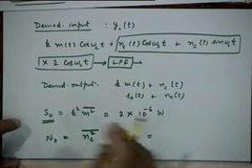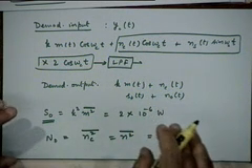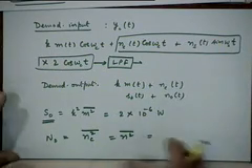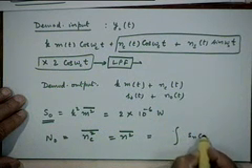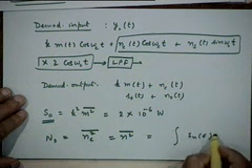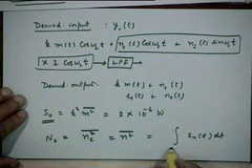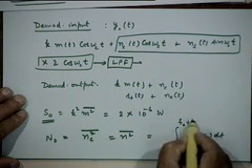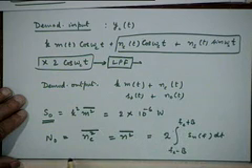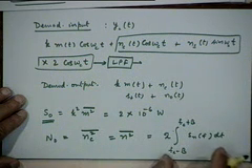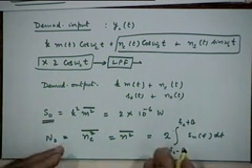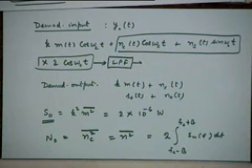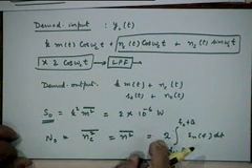Now this is not a flat power spectrum, so I can't simply multiply n by 2 into 2B, which is what I have done in the previous examples. What you will have to do is integrate the noise spectrum between Fc minus B to Fc plus B and take twice of that. This is for the positive frequency part, and there will be a corresponding part for the negative frequency part. So that's why I am doubling it up.